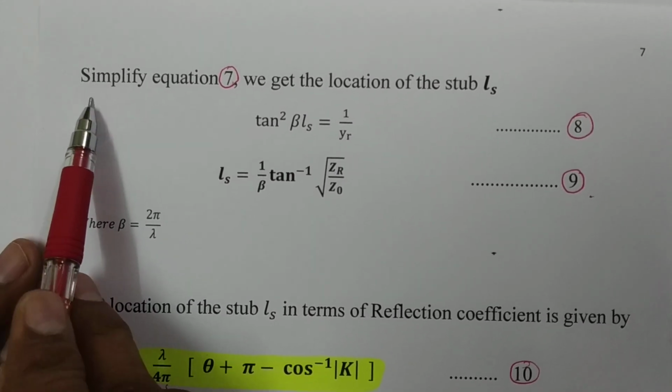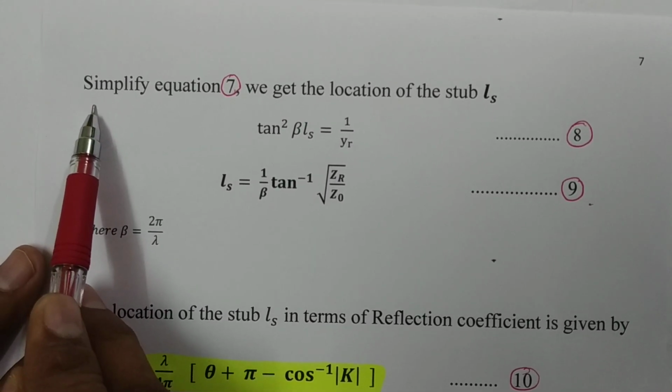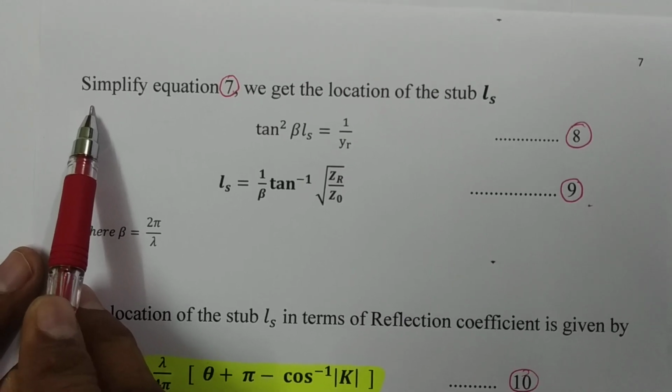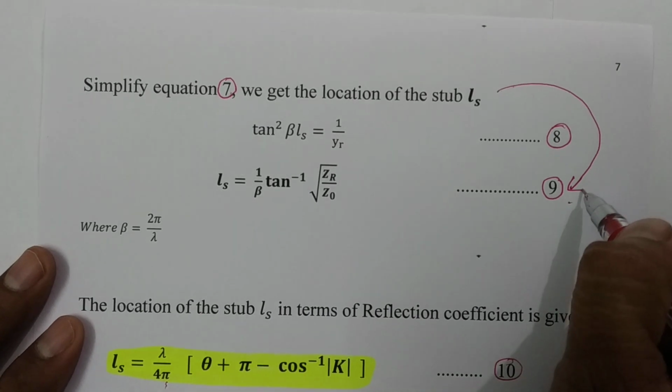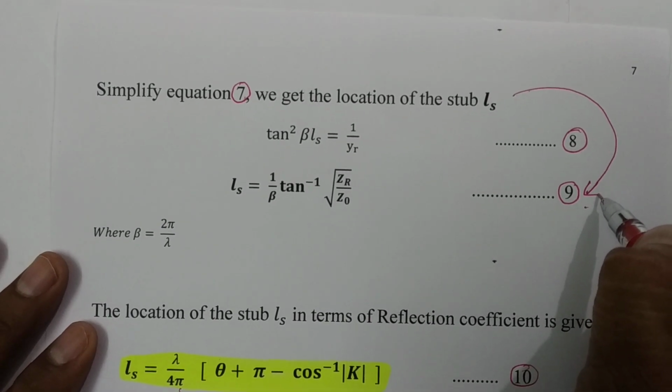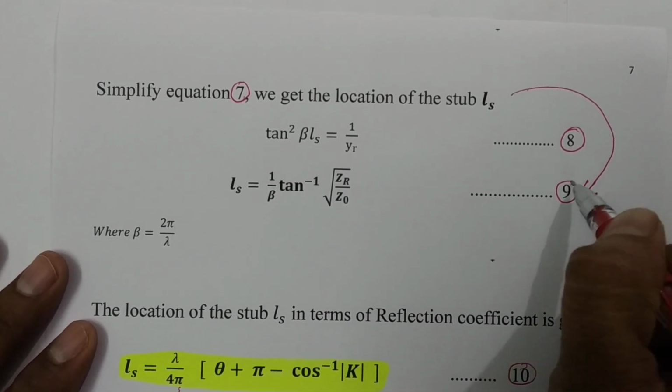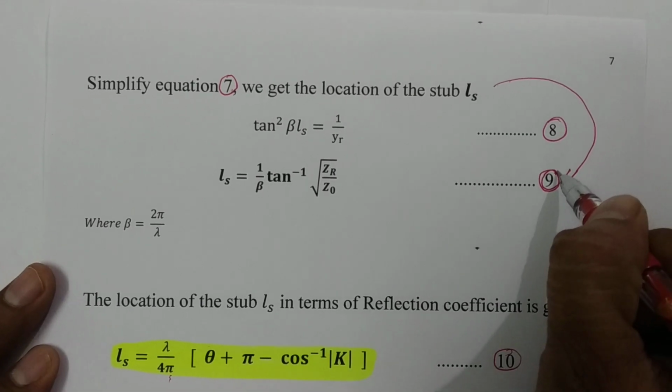Now simplify equation 7. We get the location of the stub, represented by Ls equal to 1 by beta tan inverse root of ZR by Z0, given by equation number 9.